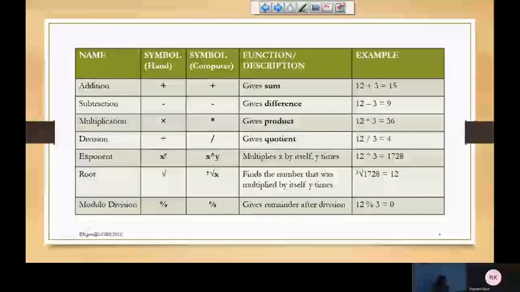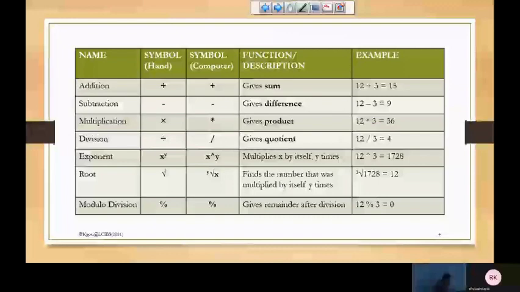Why is it 0? Because 12 divided by 3 is 4, remainder 0. So we just take that remainder there. 10 divided by 5 is 2, remainder 2. So if we were to ask what is 10 modulo 5, the answer there would just be 2.